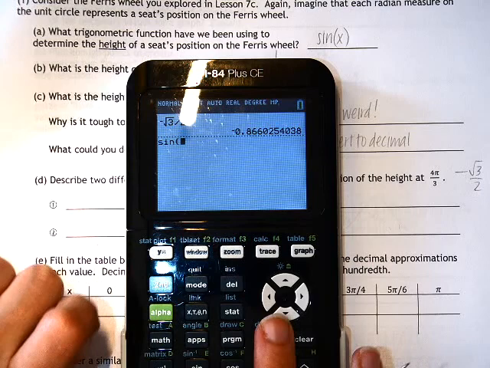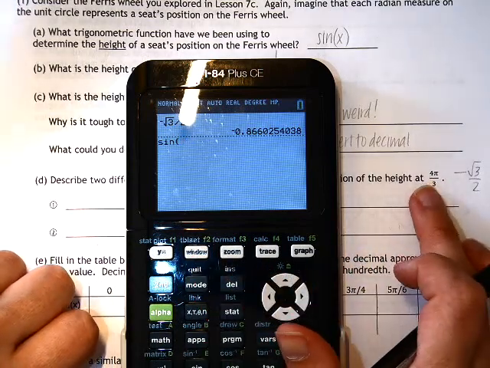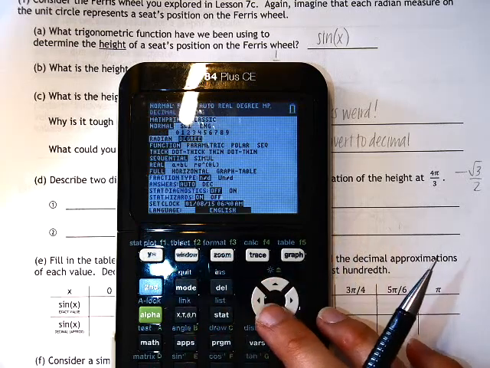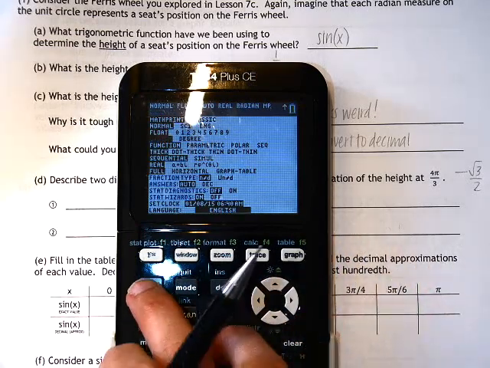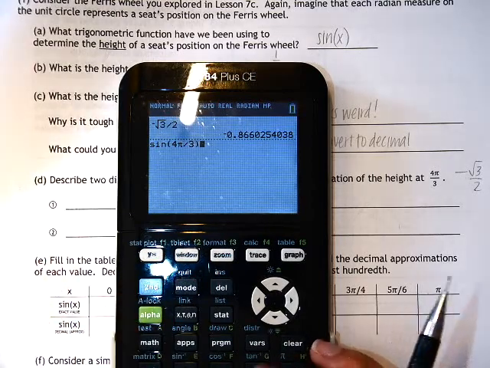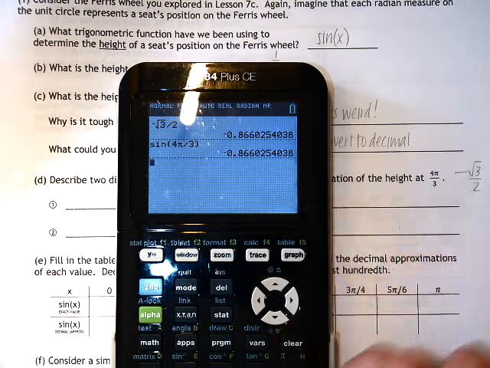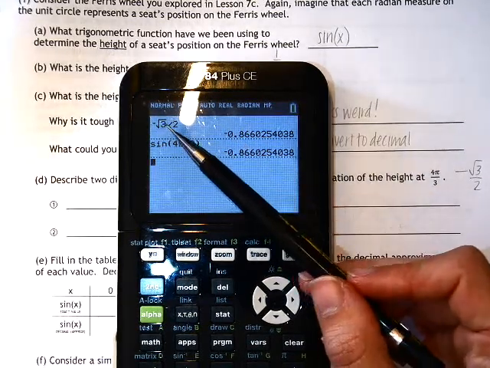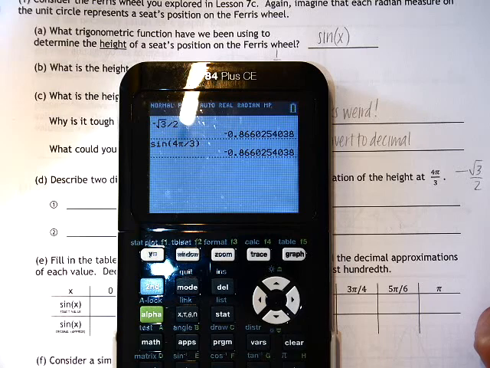Now, interestingly, 4 pi over 3 is a radian number, so our calculator would have to be in radian mode for this to work. I can quickly change my calculator to radian mode, and then type 4 pi over 3, and sure enough, my calculator gives me the exact same value as I got for root 3 over 2 when I put it as a fraction.